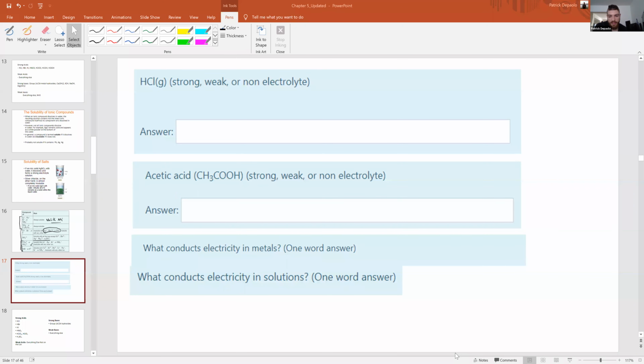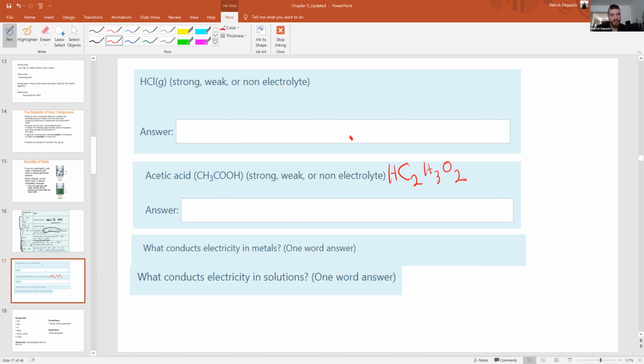It's not a non-electrolyte because, so this is acetic acid. It's written here differently than the way you saw it before, which is understandably confusing. Normally it's written C2H3O2, or with an H in front. That's normally acetic acid.